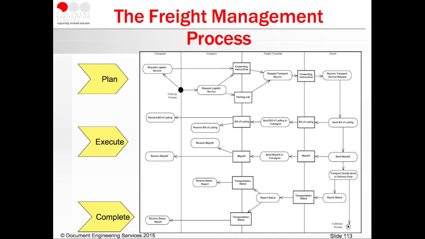And those pass between the consignee, the freight forwarder, and the freight forwarder and the carrier, and the freight forwarder and the consignor. The activity diagram here, you can see, is fairly complicated, but there are 4 swim lanes: consignee, consignor, freight forwarder, and carrier, demonstrating a typical process.